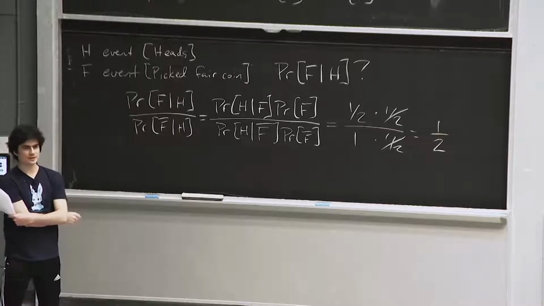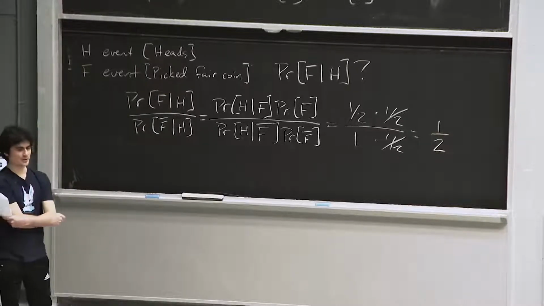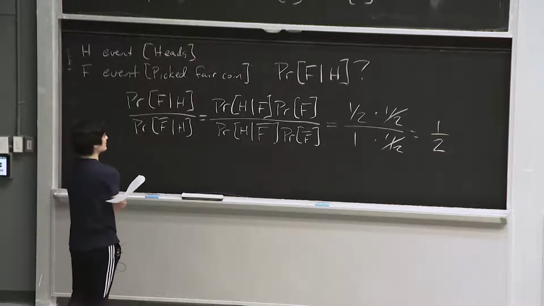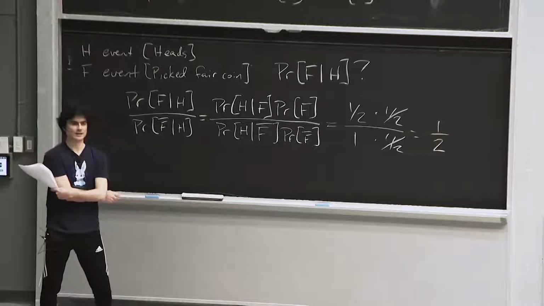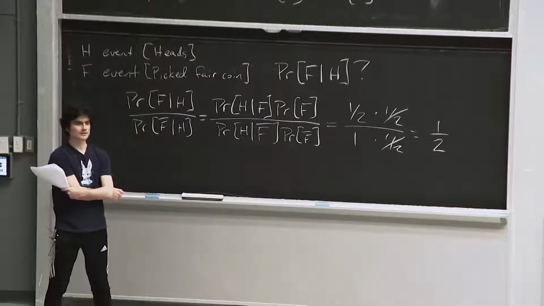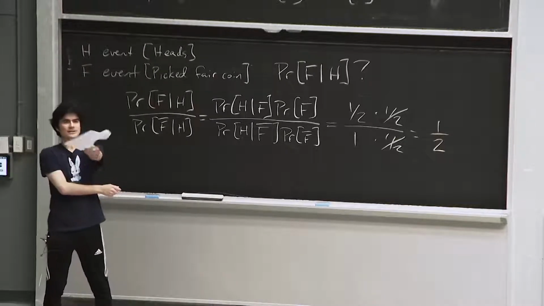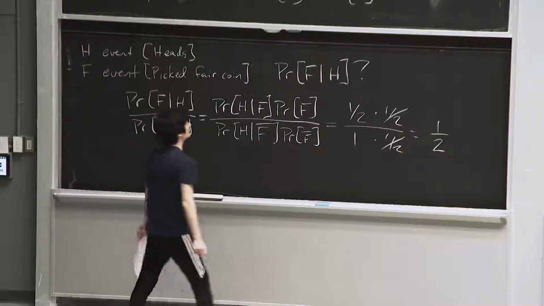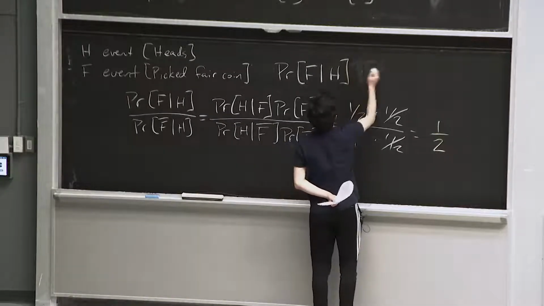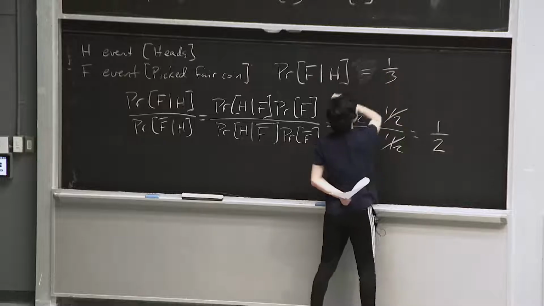We computed the ratio of this probability to its complement, so what does that tell us the probability is? 1/3.